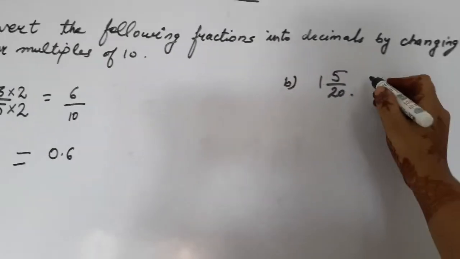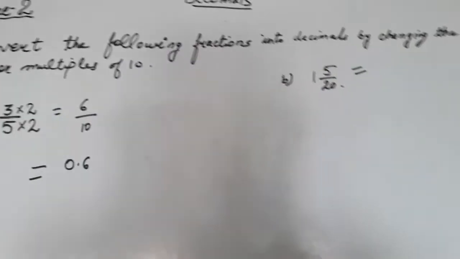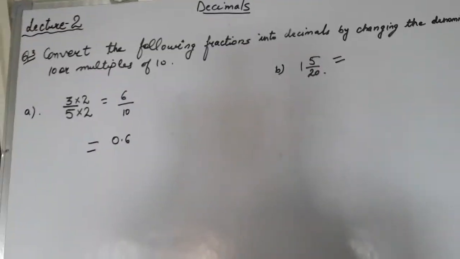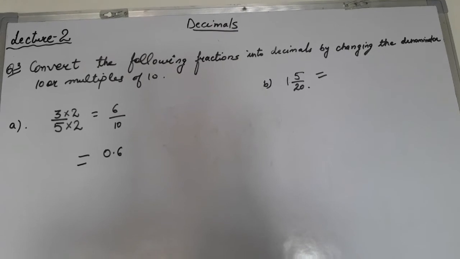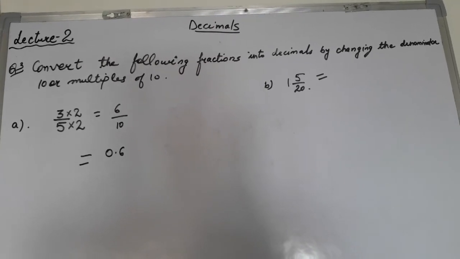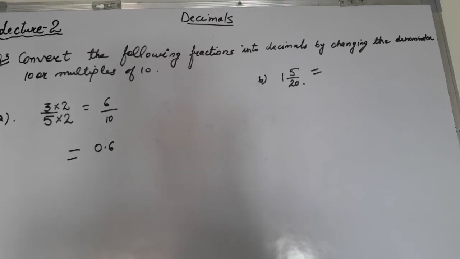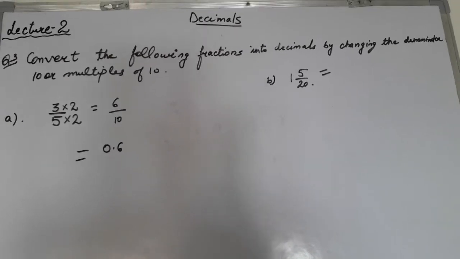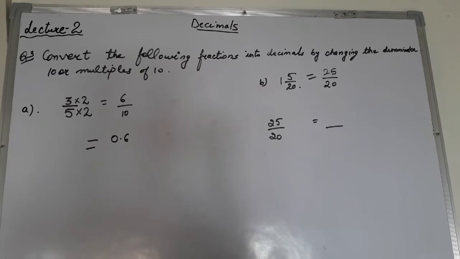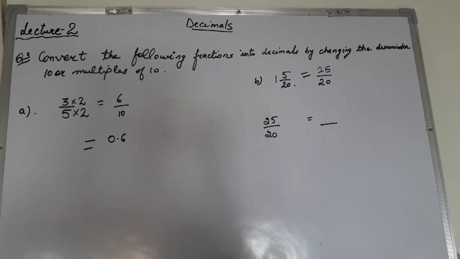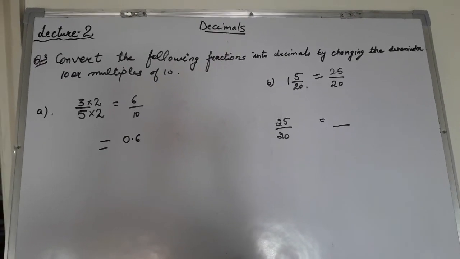Similarly, in the B part, it says 1 and 5 upon 20. Now, how will I make it? Firstly, I will convert this mixed fraction into an improper fraction. I have to multiply 20 by 1, it comes 20. 20 plus 5 becomes 25. And the fractional part I got is 25 upon 20. Now, it's obvious I can't make 10 in the denominator.